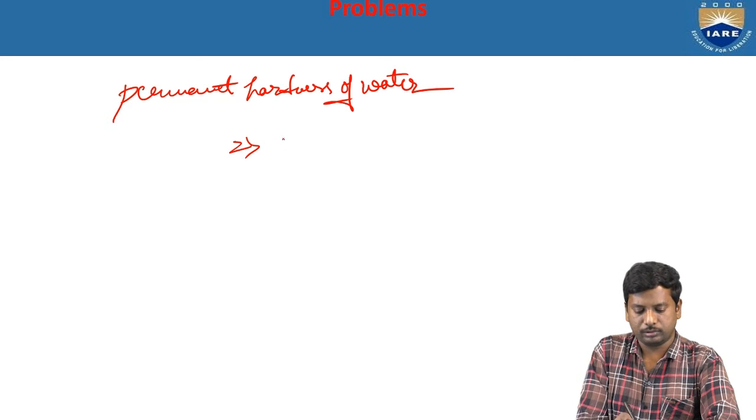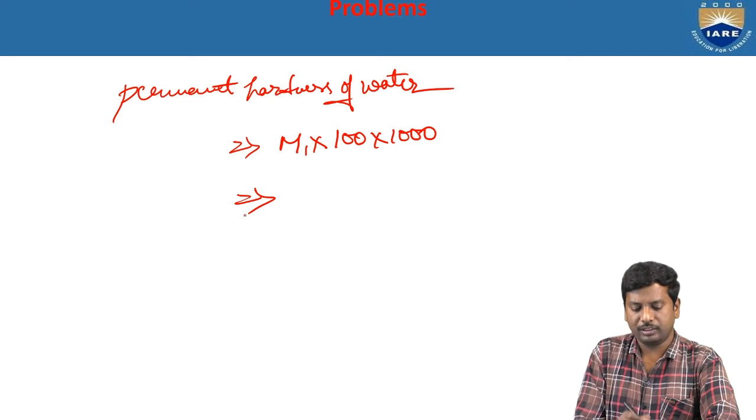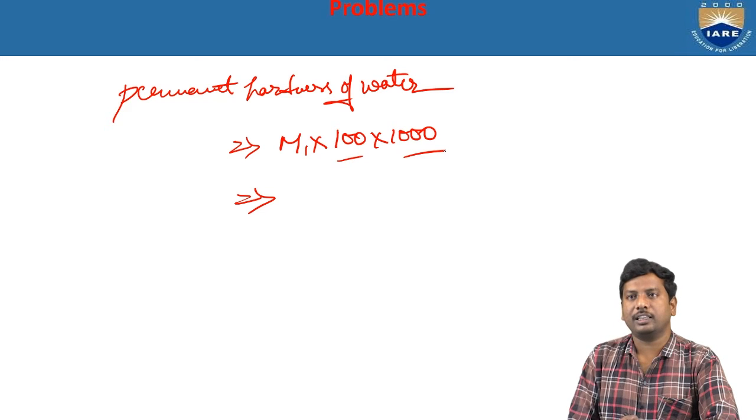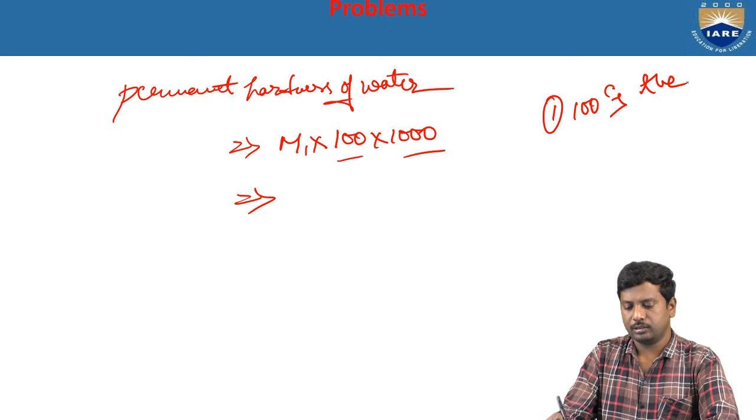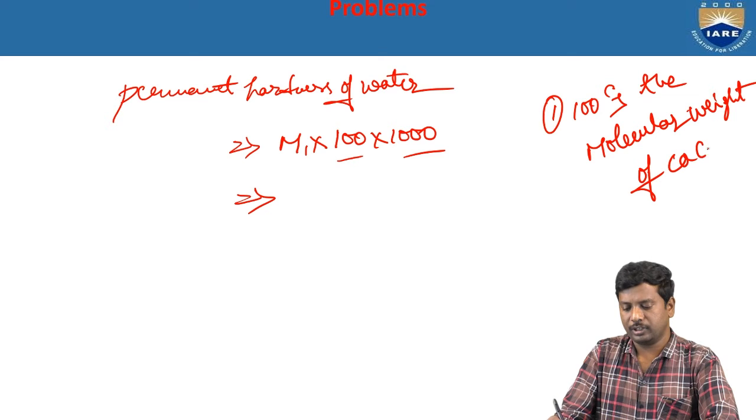M1 into 100 into 1000. Why do we use the 100 and 1000? Because 100 is the molecular weight of calcium carbonate.